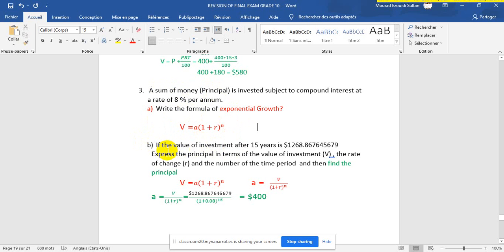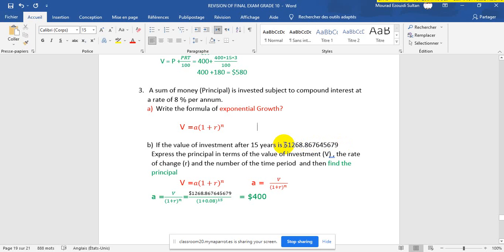Okay. Now, if the value of investment after 15 years is 1,268,867,545,579 dollars, of course.